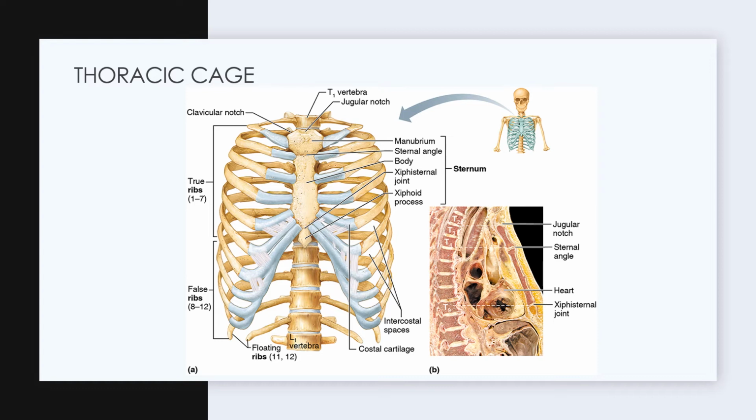So the right side of the image is the anterior aspect of the body, and the left side of the image is the posterior aspect. This person looks very, very thin, or crushed, because that's all. We're also looking at the spinal column posteriorly on that left side of image B.